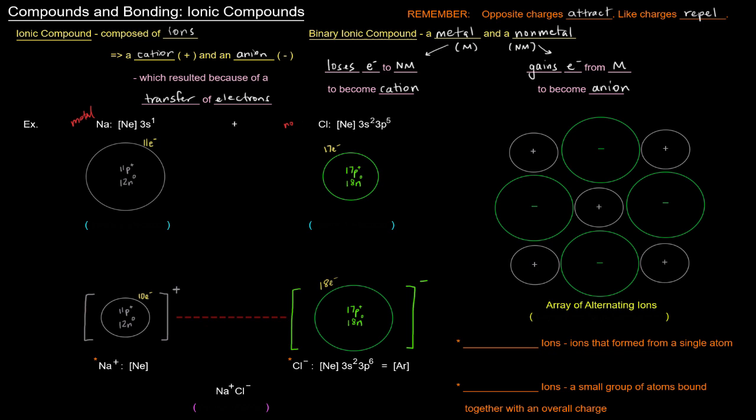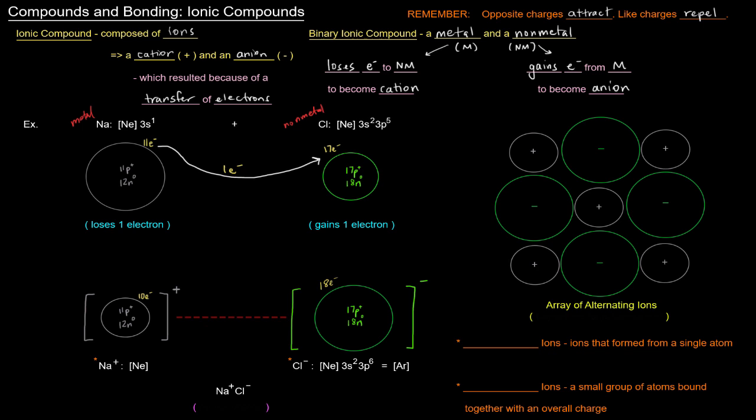So what's going to happen is one of these 11 electrons is going to go over here. Okay, I'll represent that by putting one electron there. Okay, so the sodium metal is going to lose one electron while the chlorine nonmetal gains one electron.